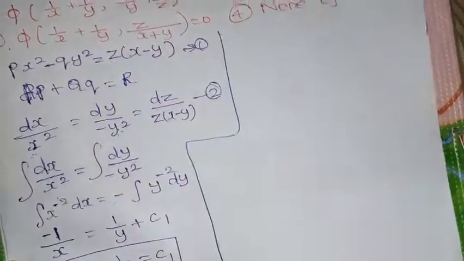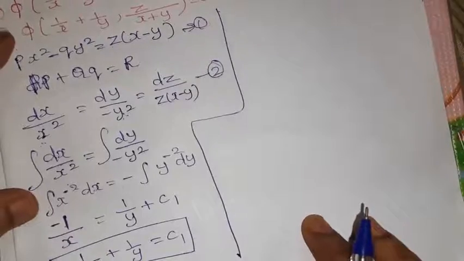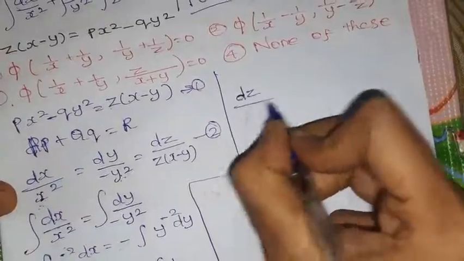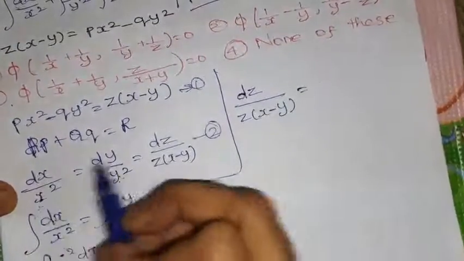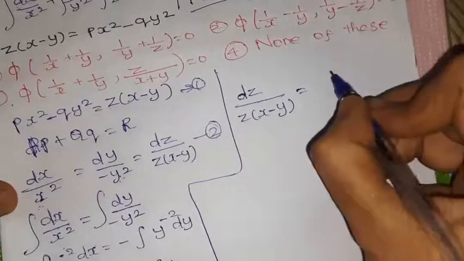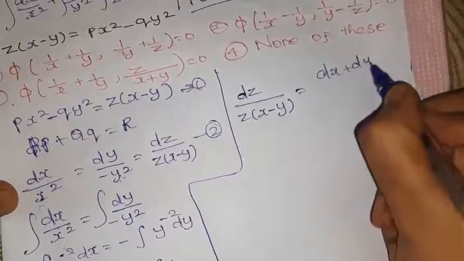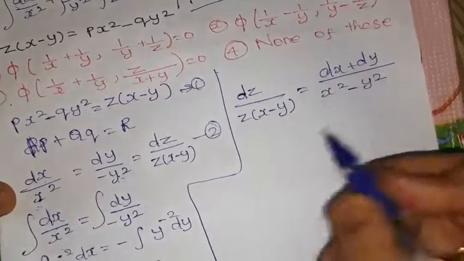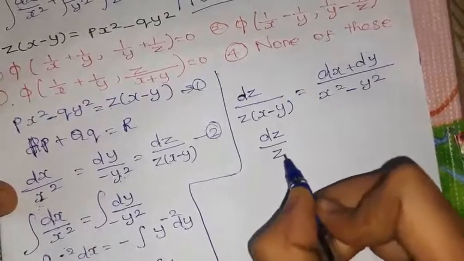So this is 1. Then what we need to do? Again we need to do some substitution. See, dz equals z into x minus y. Then adding these two, what we will get? dx plus dy, first and second ratio, over x squared minus y squared. So we get dz by z.